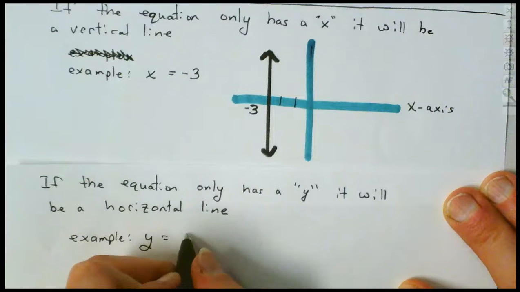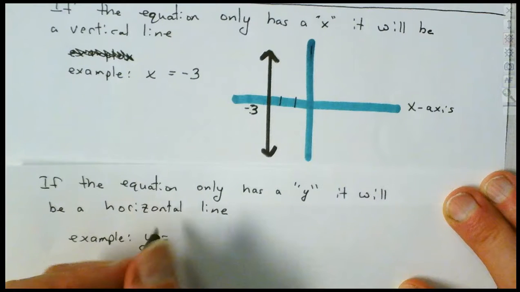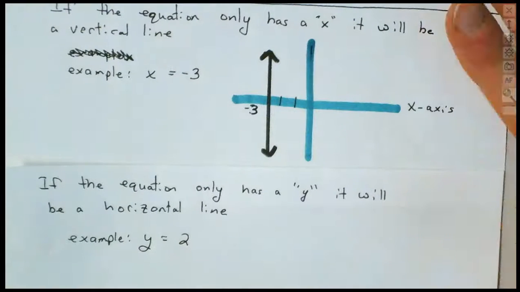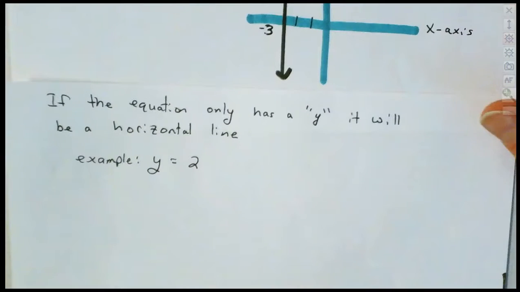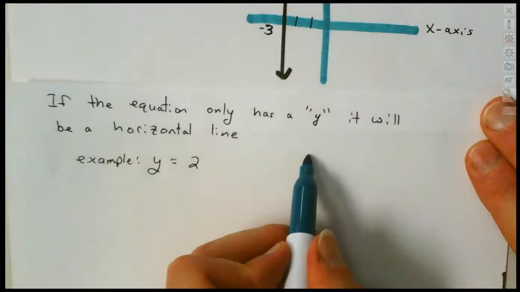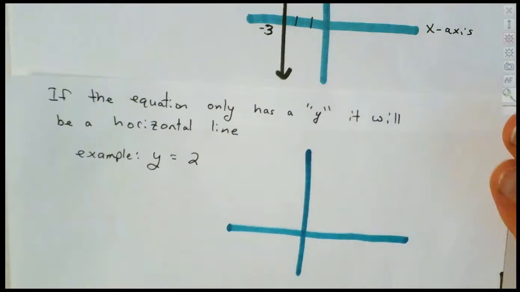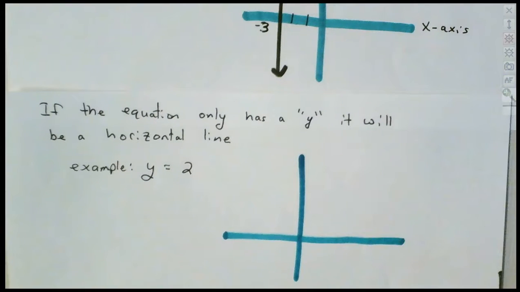So how about we look at y equals 2. How would we graph this one if y equals 2? Well, we know it's going to be a horizontal line. Draw our grid again. If you only have a y part, then it's going to come out to be a horizontal line.